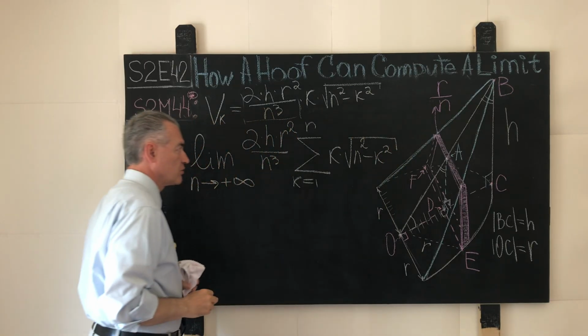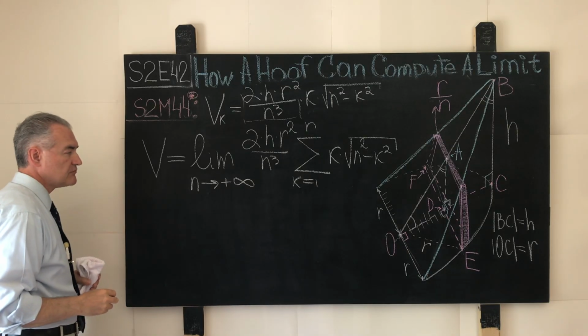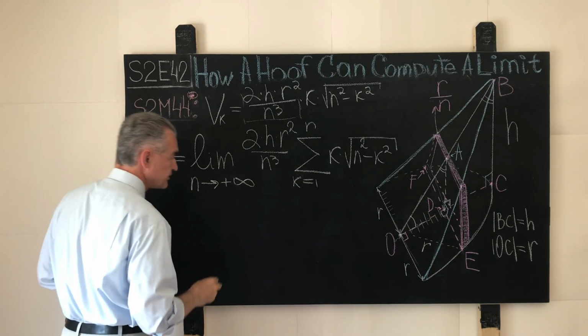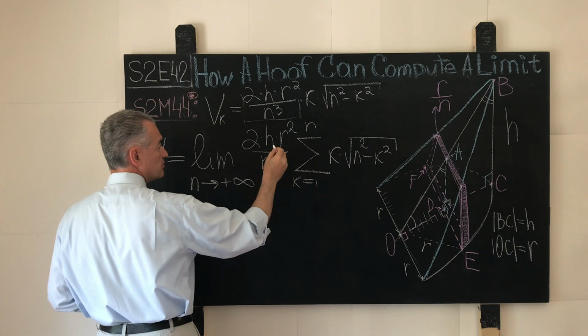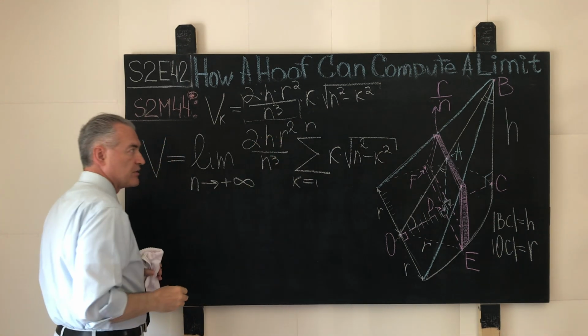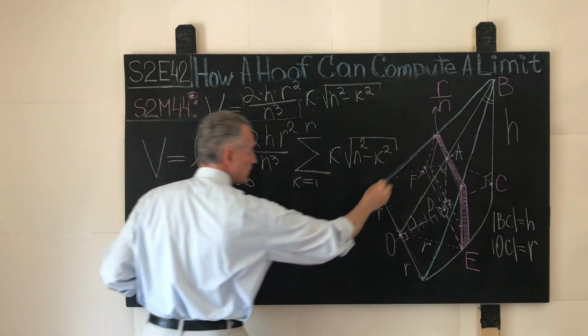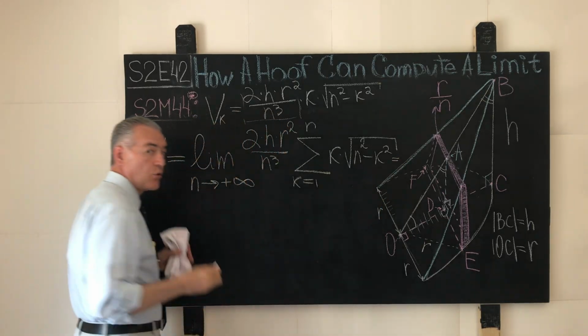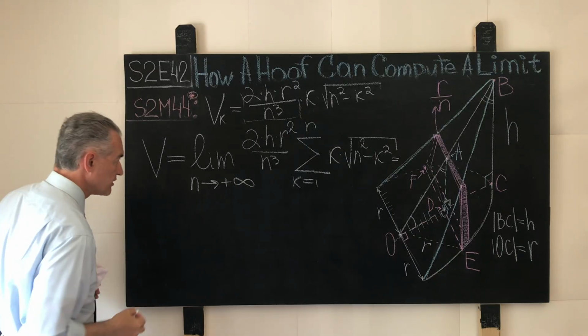This is our result. What can we move through the limit sign? Through the limit sign we can move 2h and r squared, because these are constants in our case. This is what it means to have one and the same hoof of Archimedes.